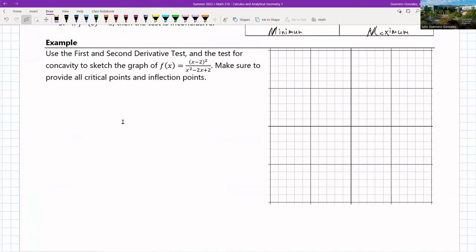In terms of drawing it, I'm not going to make it too big of a deal. You don't have to give me exact points, so long as you sketch it somehow and provide a little bit of context, some justification from your math, that's going to be enough.